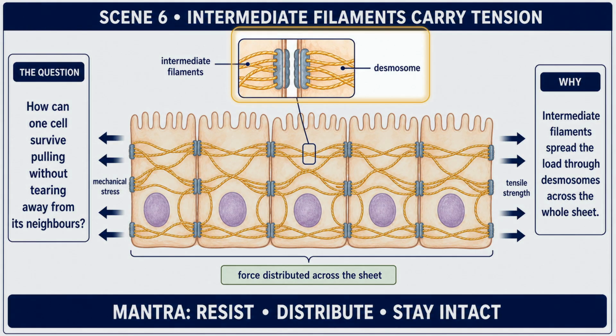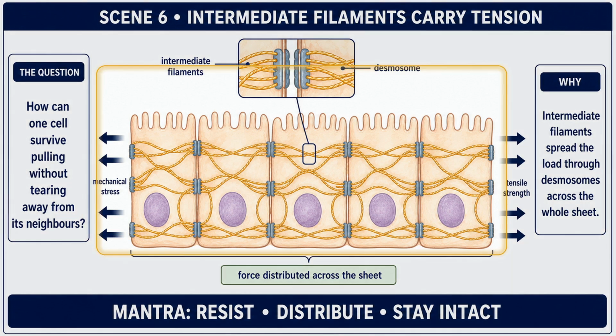Intermediate filaments solve a different problem. They are rope-like, relatively stable, and built to tolerate repeated pulling. Imagine one epithelial cell in a sheet receiving a local mechanical force. If that force remained concentrated at one membrane, the cell could tear away from its neighbors.